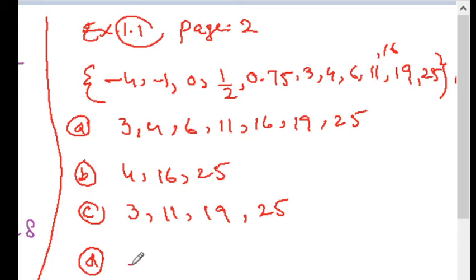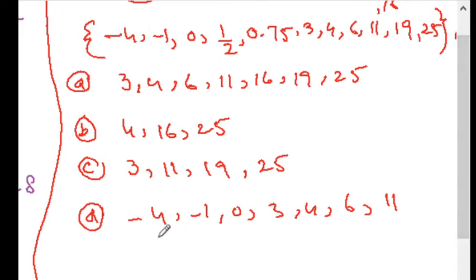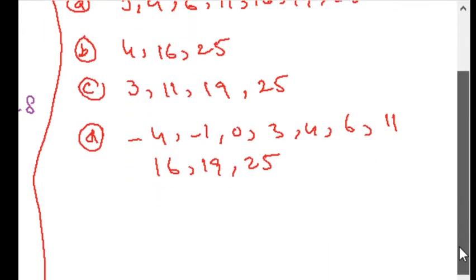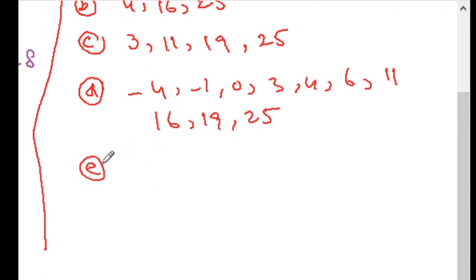So we start with -4, -1, 0, 3, 4, 6, 11, 16, 19 and 25. These are integers. Now part E is negative integers. In negative integers we will write only the negative numbers. So negative integers are -4, -1.